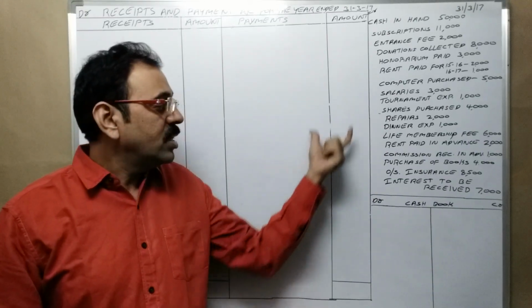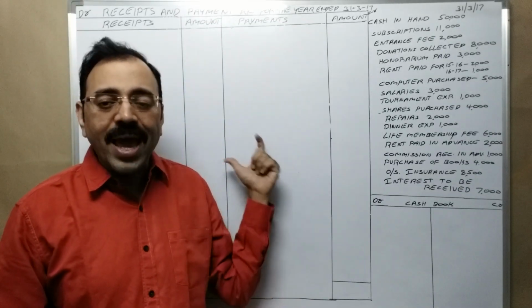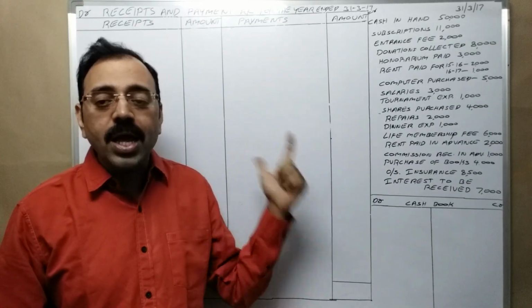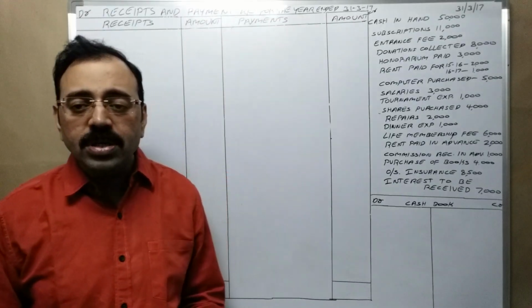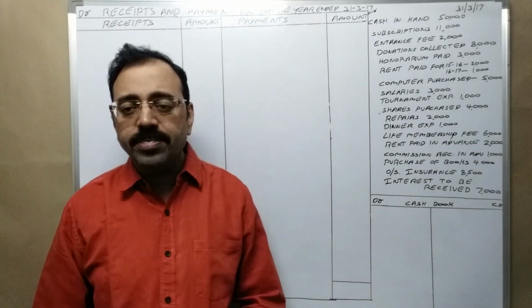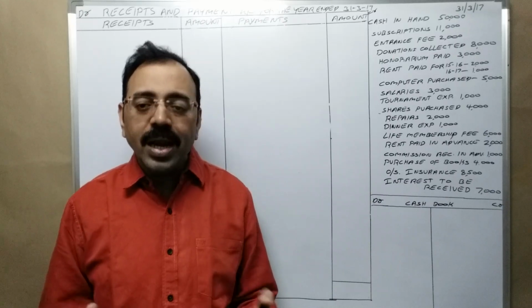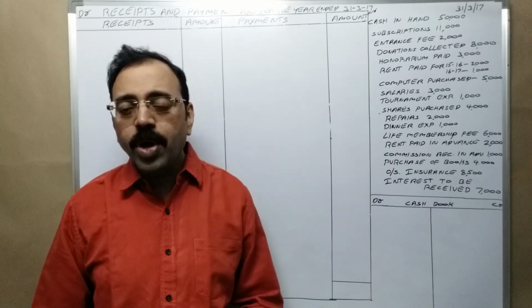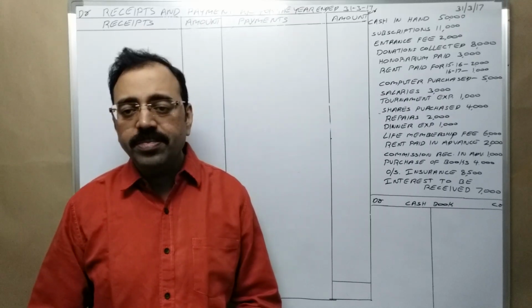Now, since this book tells about cash, this account is known as a real account. You know, accounts are of three types: personal accounts, real accounts, nominal accounts. Receipts and payments account comes under which account? Real account. Because this account tells about cash.